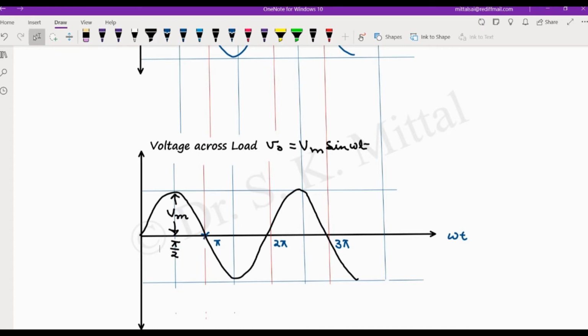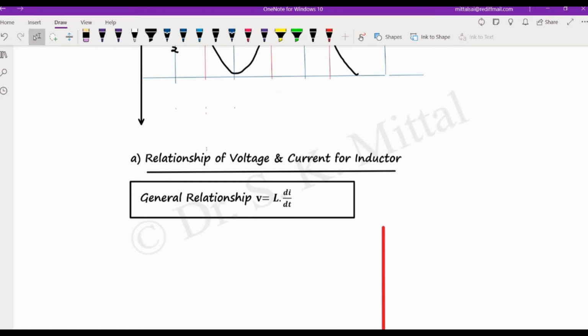Now on the basis of this output voltage expression, we can determine the relationship for output current I0. Now in this part, we are going to calculate the relationship between voltage and current for the inductor or load. So now we know that the general relationship between the voltage across inductor and the current flowing through inductor is V is equal to L into di by dt.